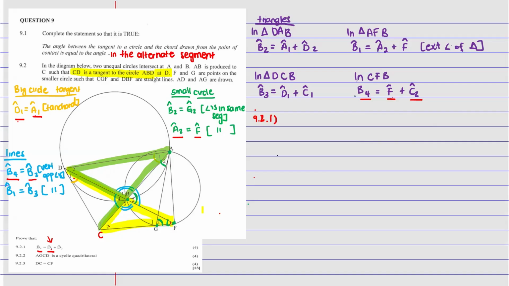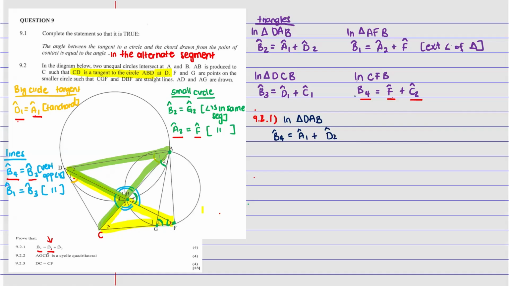Yes, ma'am. So in our case, I'm going to just name the triangle. In triangle DAB, we know that angle B4 is equal to angle A1 plus angle D2.